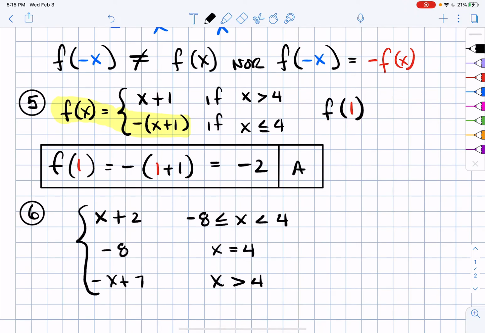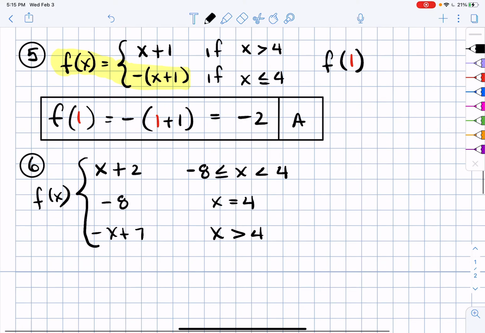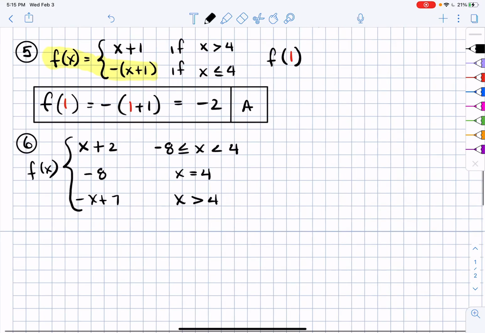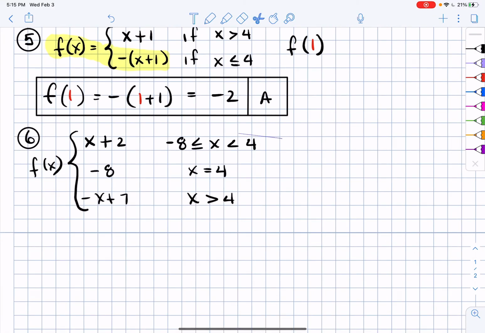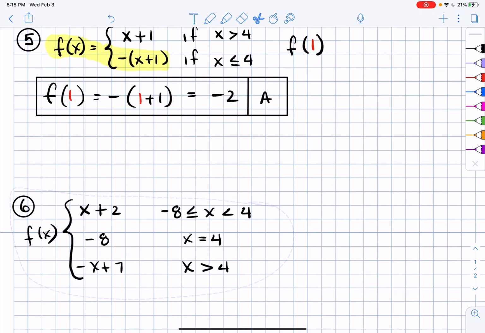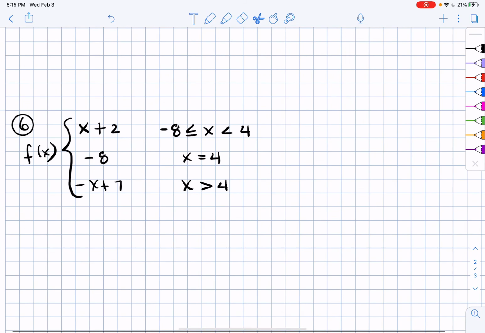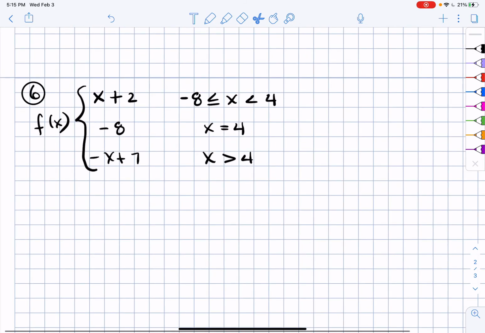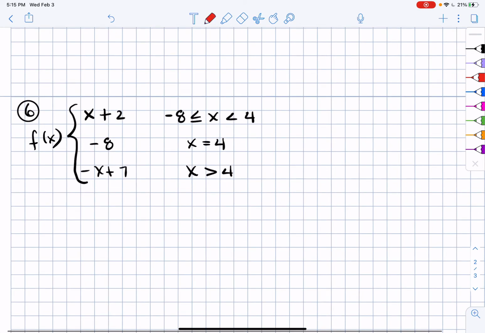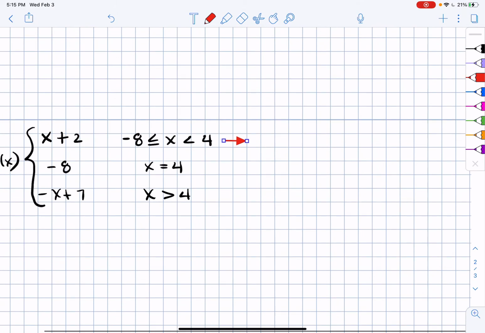F of x. Okay, so with that being said, I'm getting to the end of the page, so I'm just going to take this and move it to the next page. All right, so the best thing to do is this. I'm going to take the points that I can actually read.